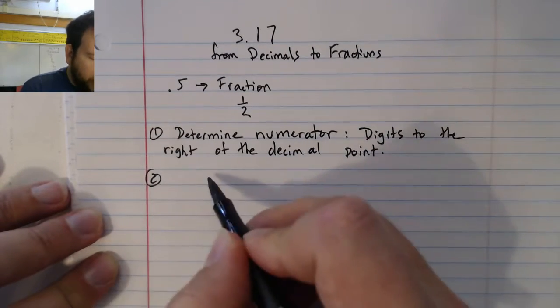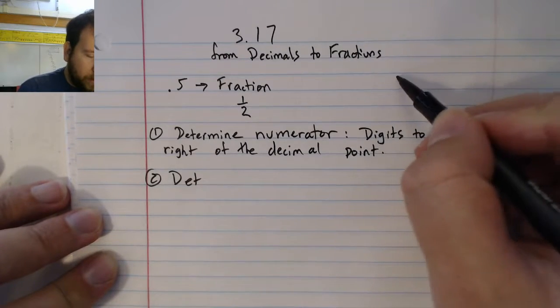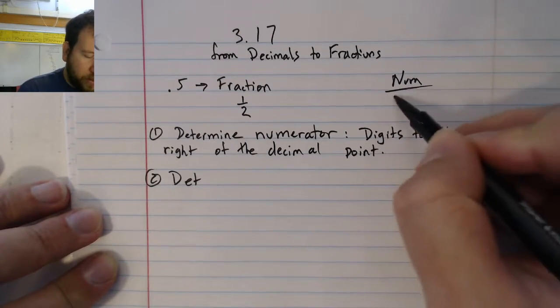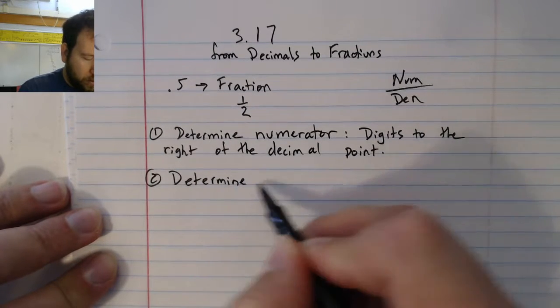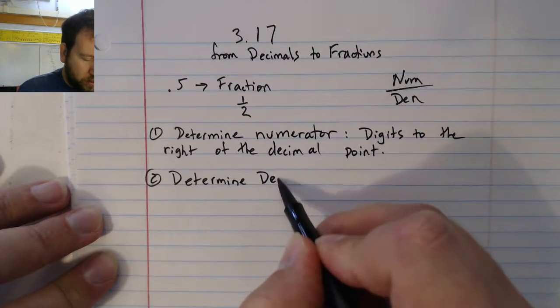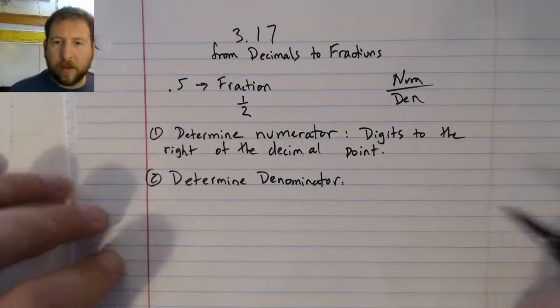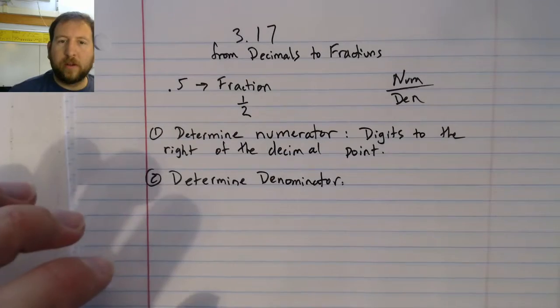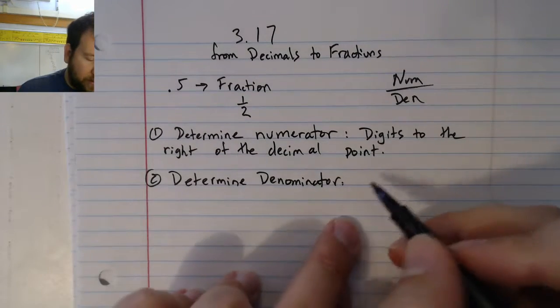Step 2, we're going to determine the denominator. Remember, it's the numerator over the denominator. To do that, you use the place value of the last digit in the decimal.